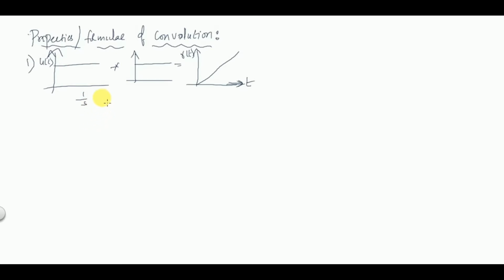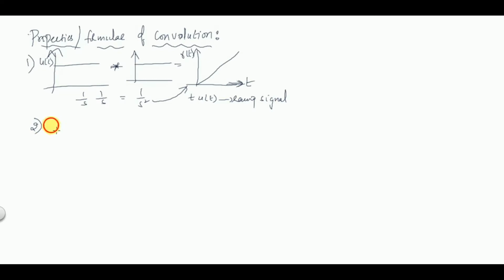The Laplace transform of u of t is 1 by s, and convolution in the time domain is equal to multiplication in the s domain. So it will be 1 by s into 1 by s, which is 1 by s square, whose inverse Laplace transform is t into u of t, which is again a ramp signal. So this can be easily proved using Laplace transform.